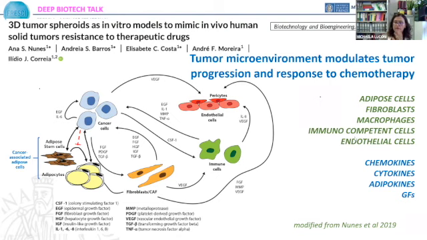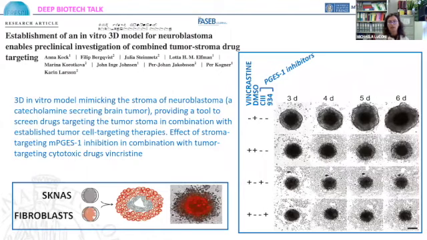So this is very important because the microenvironment is a very heterogeneous population containing adipose stem cells, adipocytes, immunocompetent cells, and this microenvironment can really modulate the tumor progression and be the target of novel chemotherapy.